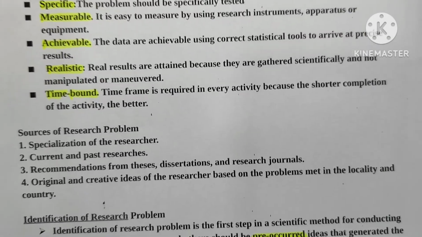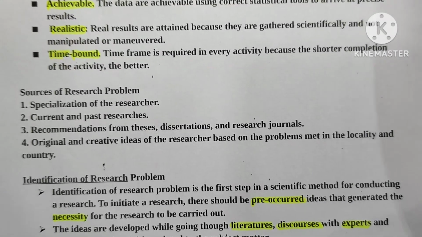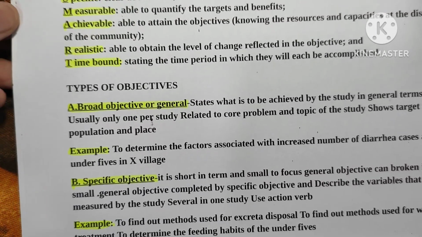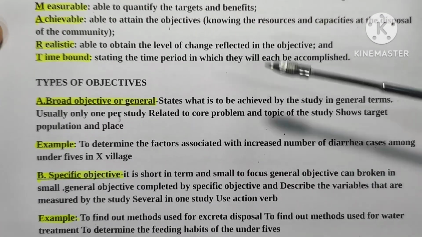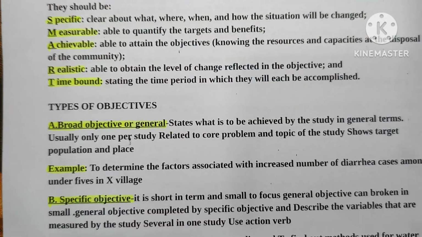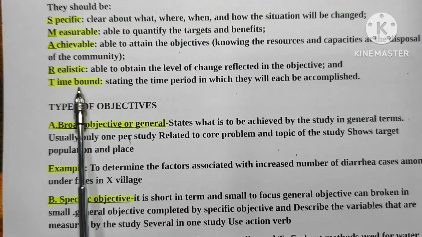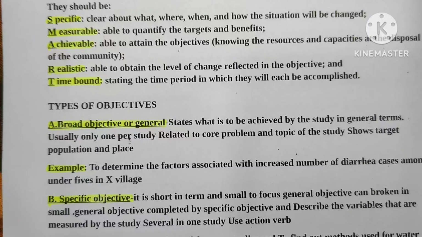We covered sources of research problem, identification of the research problem, some guidelines for selecting the problem, types of objectives, and SMART characteristics of the objective. So this is about unit 2, research problem and determining the objectives.